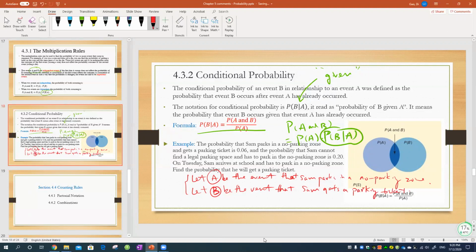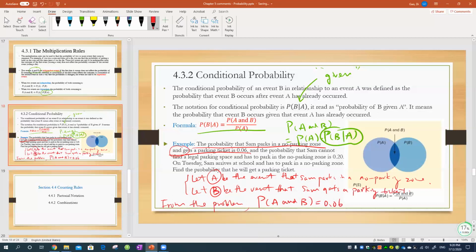The probability that Sam parks in a no parking zone and gets a parking ticket, that happens to be A and B. So from the problem, the first sentence gives us probability of A and B equals 0.06.